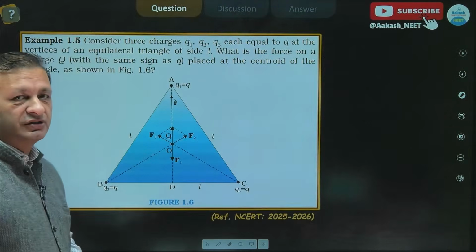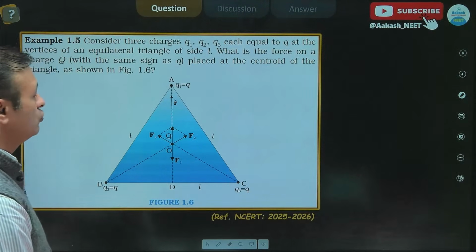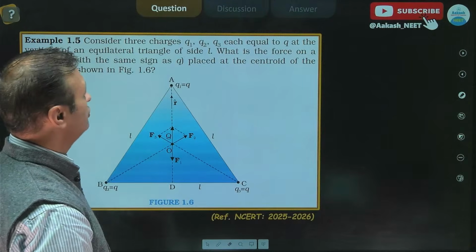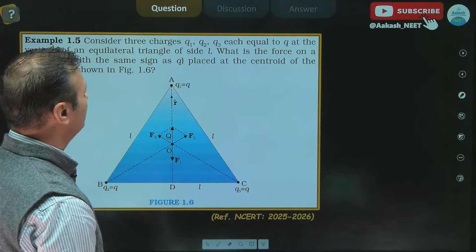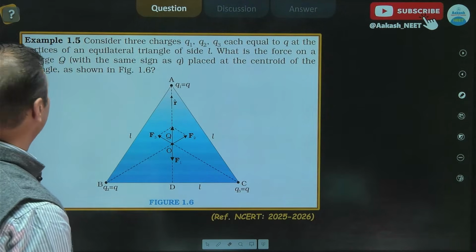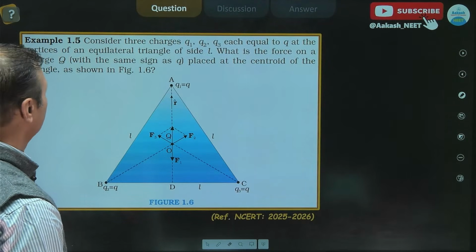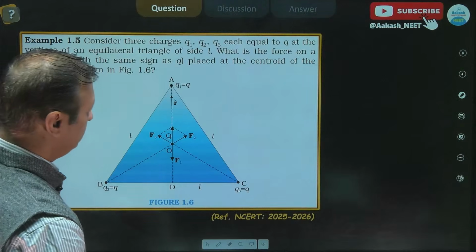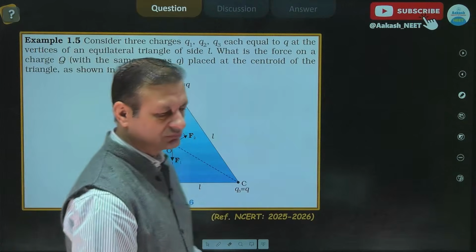So the very first question we have is: consider three charges Q1, Q2, Q3, each equal to q, at the vertices of an equilateral triangle of side L. What is the force on a charge Q with the same sign as q placed at the centroid of the triangle, as shown in the figure?